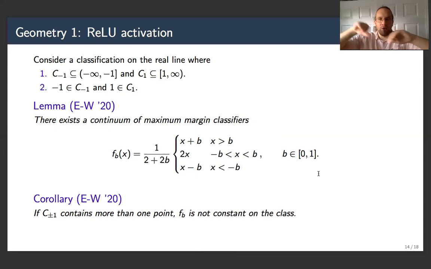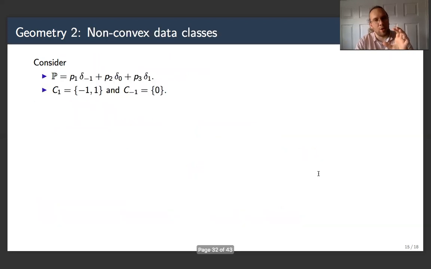And if we've got linearly separable classes, and the classes contain more than one point, then there exists a continuum of maximum margin classifiers, and they are not constant on the class. So if we have ReLU activation, we do not necessarily expect neural collapse here.